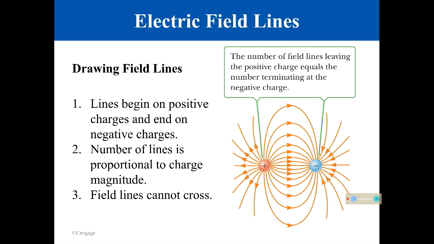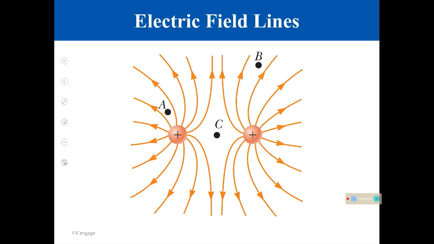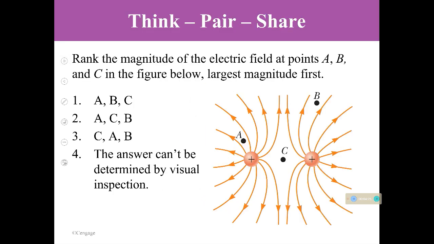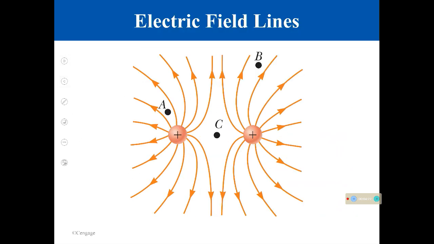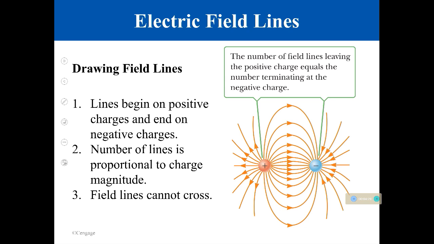And number 3, the general rule that electric field lines do not cross. I think they're going to say it in a second, but on the off chance, I want to make sure they hit it. Okay, they did not. The other thing is, and this should make sense, lines should leave perpendicular to the charge. Why?